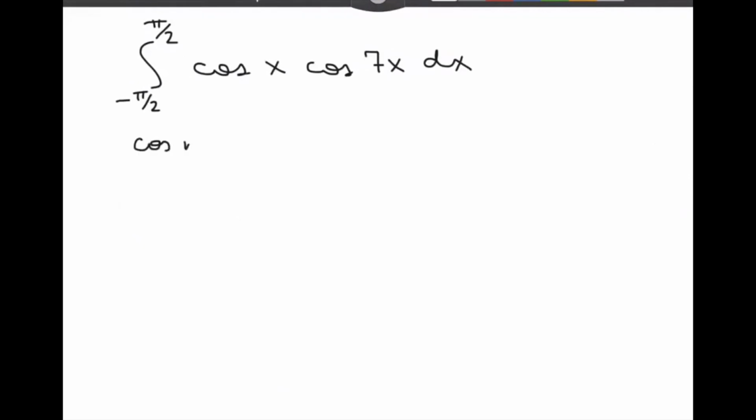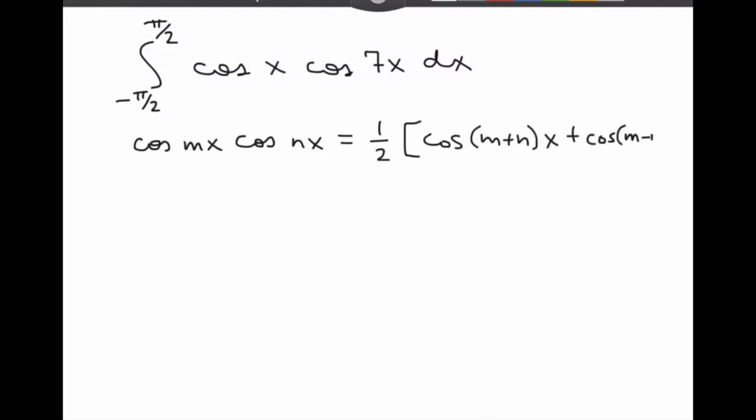I am looking at the presentation, even though I don't have it up on your screen, is cosine mx cosine nx is equal to 1/2 cosine of m plus n x plus the cosine of m minus n times x. I did not use quite as many parentheses as they did. I think that's good enough.